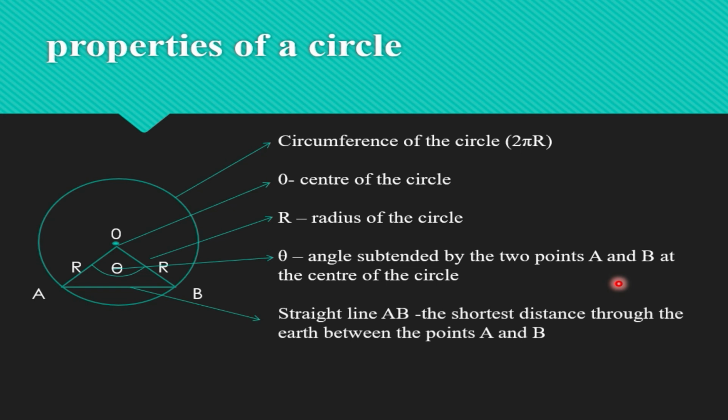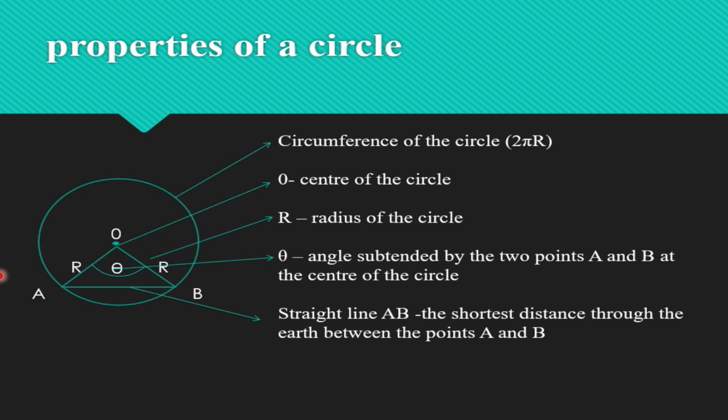Alright, the line we've seen here is line AB, which is the shortest possible distance through AB. You realize that we can pass through A through a line like this to B, but the shortest possible way of passing is through A straight to B, which is this line over here.